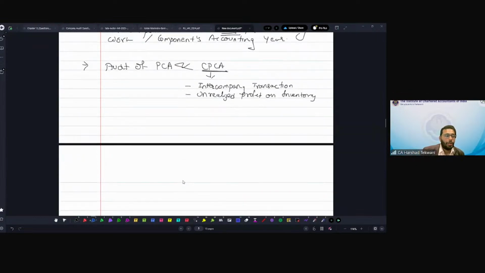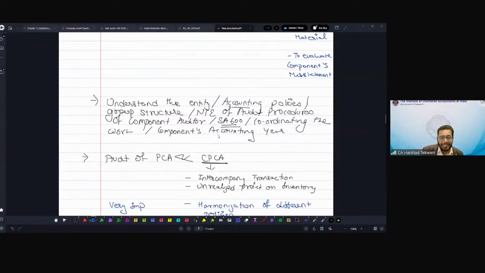Another very important current period consolidation adjustment is known as harmonization. Harmonization of different accounting policies. When you understand the accounting policies, you may identify some differences.